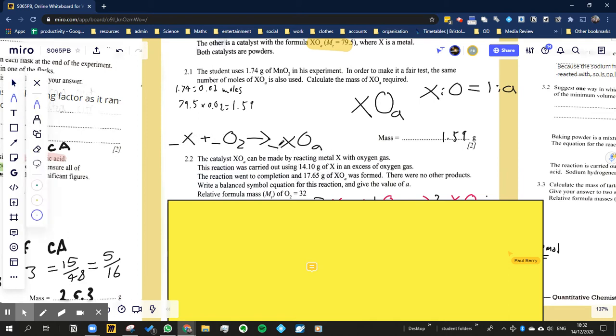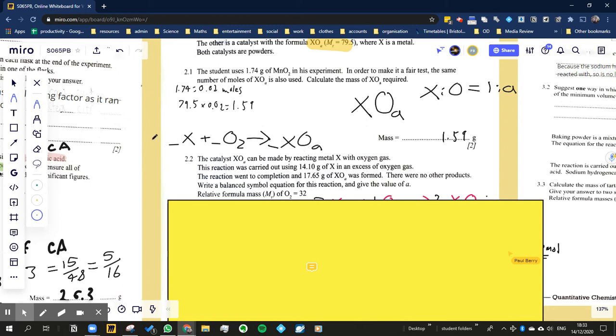But what we do know is that on the left-hand side we have X's, and on the right-hand side we have X's. So this number and this number must be the same, because the X's are only in one substance on each side. We don't know what that number is because it depends entirely on what A is.